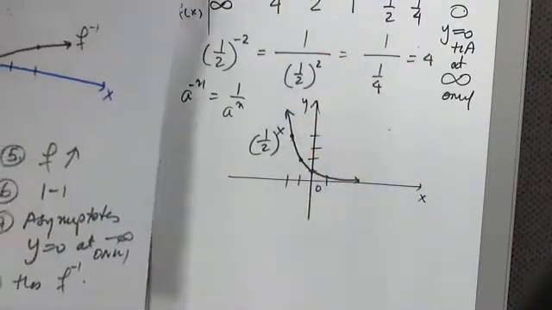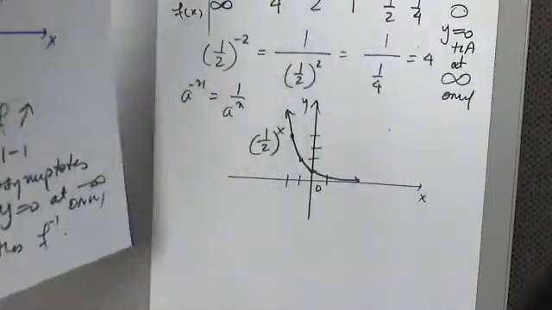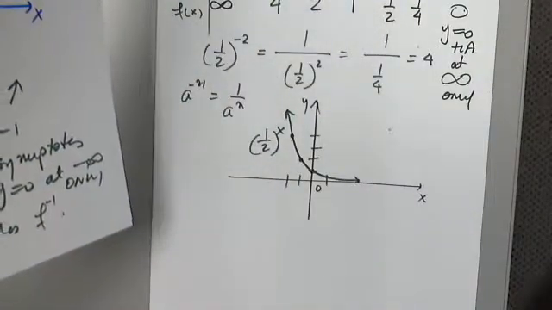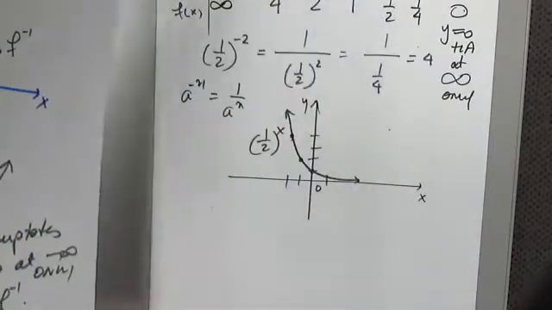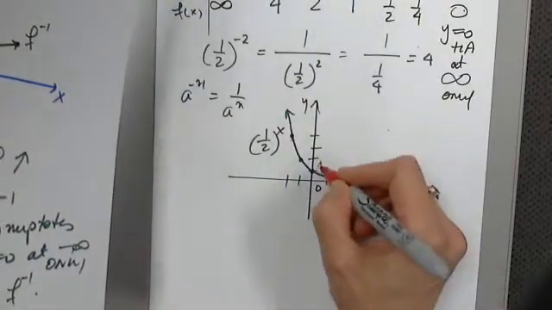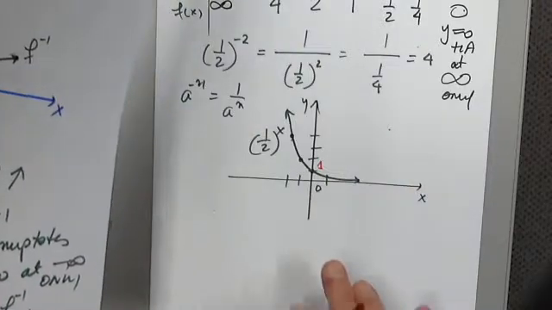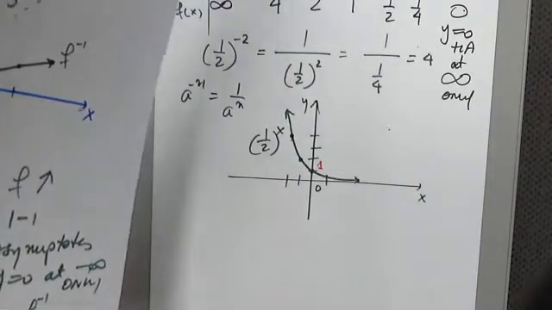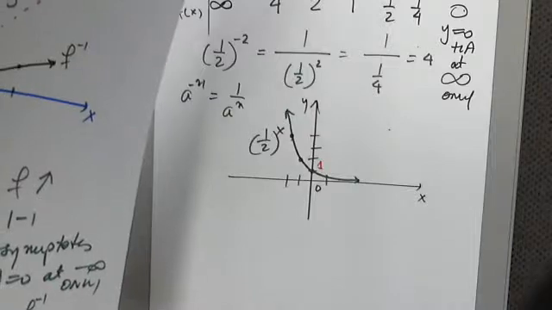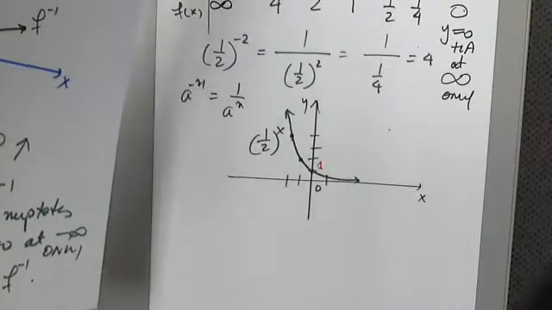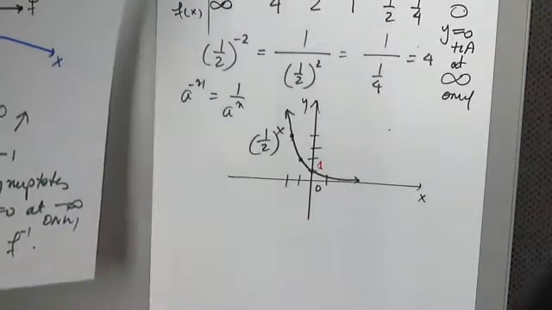Still 0 to infinity. X-intercepts. Very good. Y-intercept. Yes, 0, 1. This is always the case for a pure exponential function. We're going to get to transformations in a minute, which are not going to be the same, right? But the pure exponential function has to cross the y-axis at 0, 1.